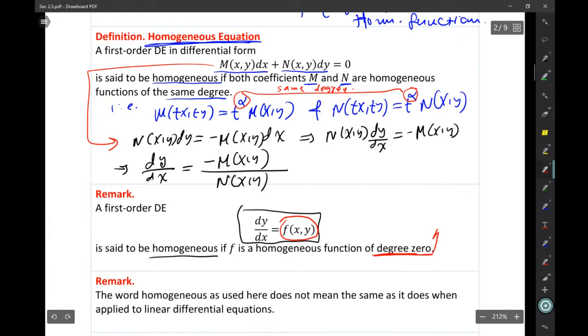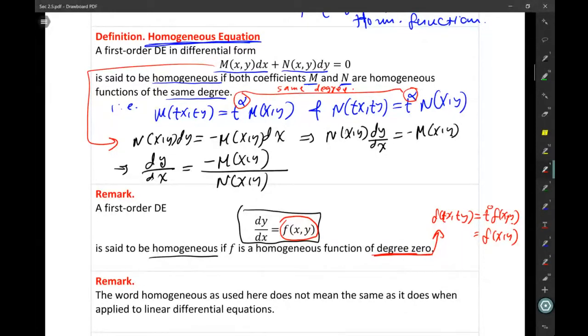I mean, what does this mean, degree of 0? It means f of tx ty is equal t to the power 0 times f of xy, which is equal f of xy. That's what I mean by degree 0.